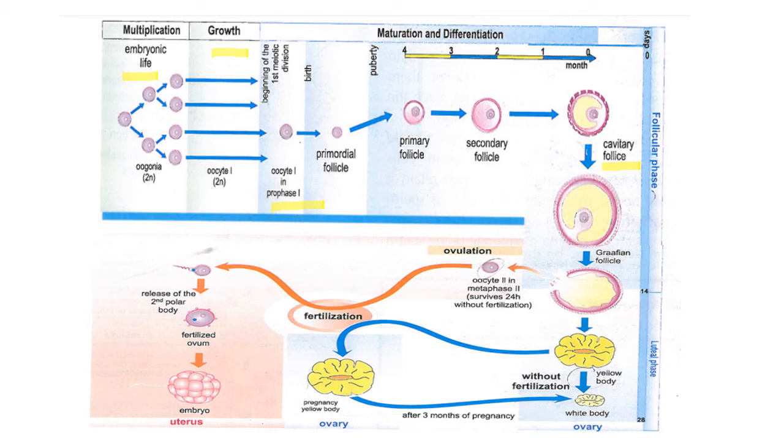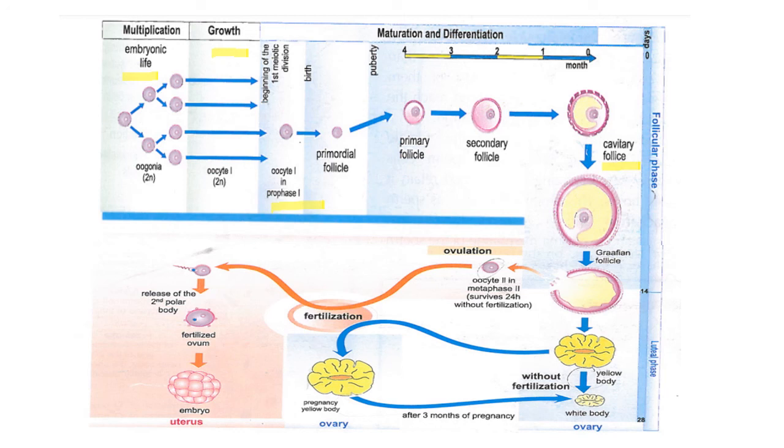If there is no fertilization, it dies after 24 hours, and the ruptured Graafian follicle will become the yellow body or corpus luteum. Then it becomes the white body or corpus albicans, and then it degenerates. At the end of the cycle, this is the luteal phase, and before day 14, it is the follicular phase.